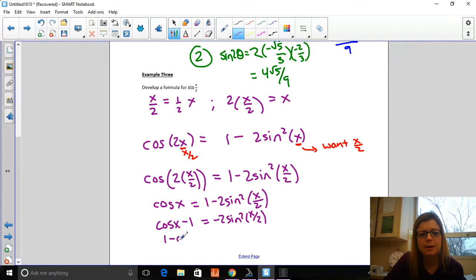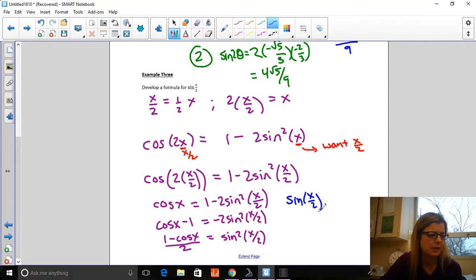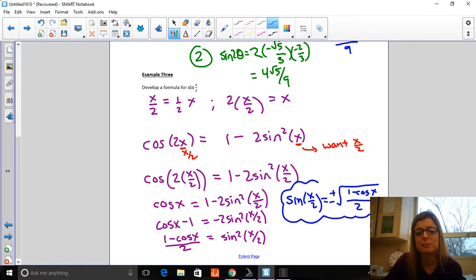So I would get 1 minus cos x, because of the negative, divided by 2 is equal to sine squared x over 2. Now I just need to do a square root, and I'll do it over here in a different color. So then I get that the sine of x over 2 is equal to plus or minus the square root of 1 minus cos x all over 2. So this is a formula that I developed myself.